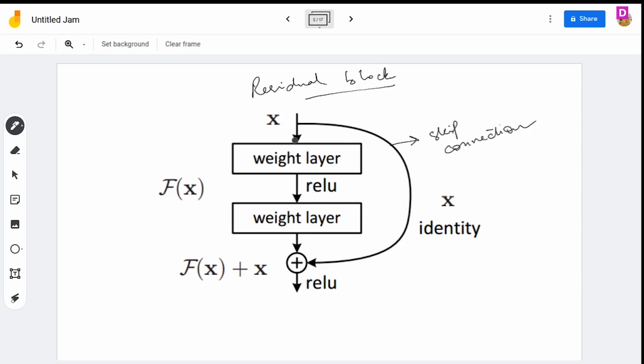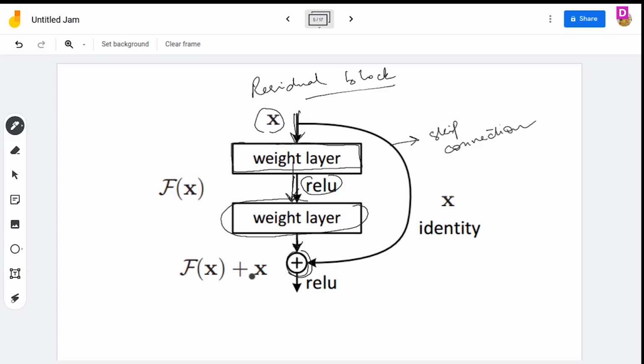Suppose you have the x here, you will do the whole convolution or weight layer, like in an MLP or whatever. You will pass the whole thing to a layer, then you will do an activation function and pass it again to another layer. So this is basically the basic neural network structure.